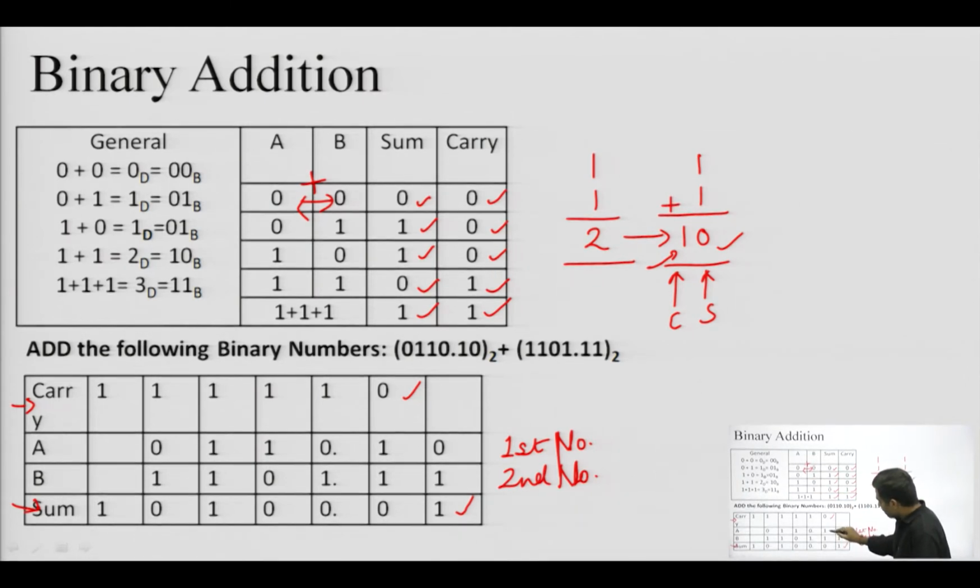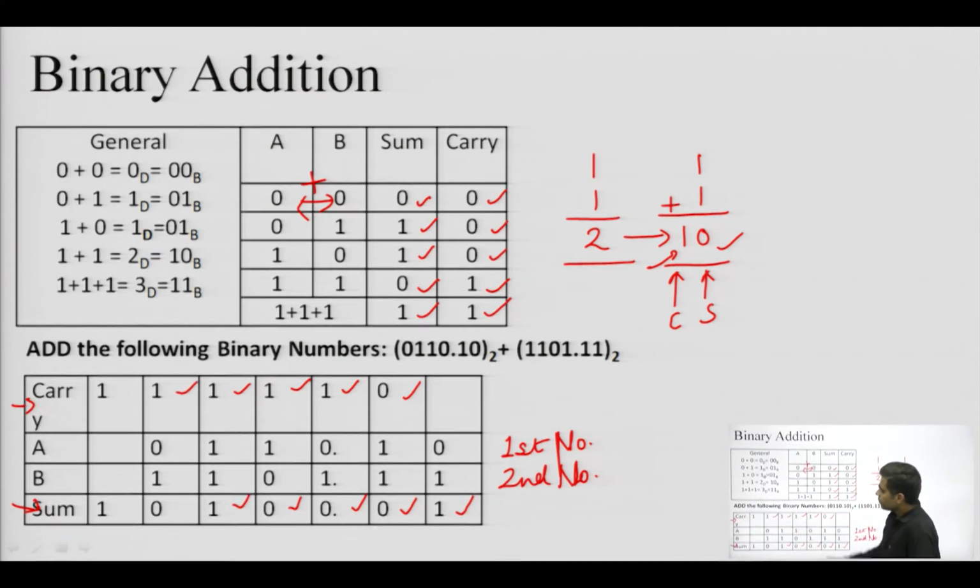In the next column, I am getting 1 plus 1 plus 0. Effectively, it becomes 1 plus 1. That means sum is 0, carry is 1. Similarly, again 1 plus 1, sum is 0, carry is 1. Again 1 plus 1, sum is 0, carry is 1. In this stage, there are 3 ones to be added, 1 plus 1 plus 1. As we can see from the table, sum is also 1 and carry is also 1.